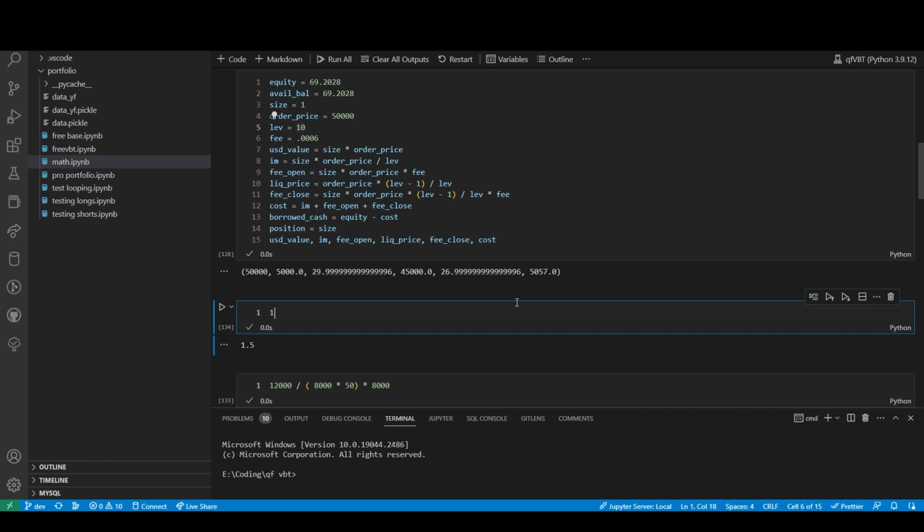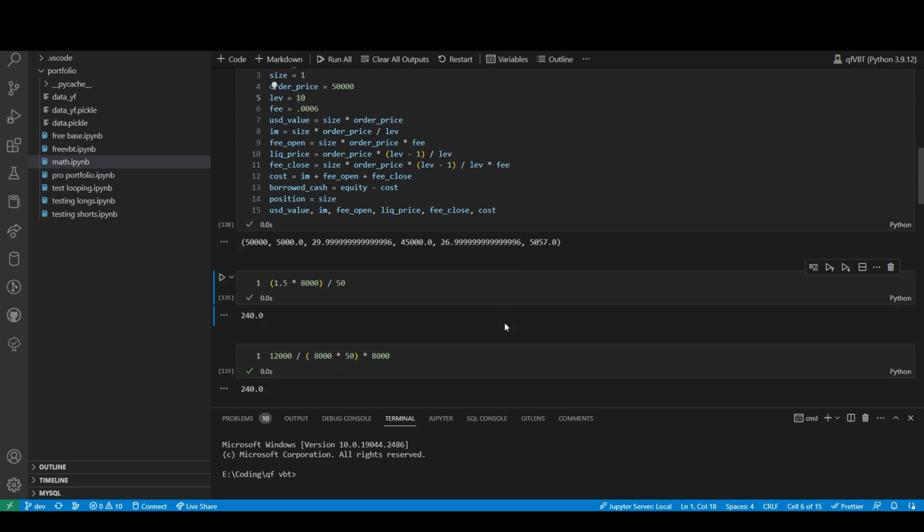So 1.5 Bitcoin times 8,000 divided by 50. Okay, this makes sense.